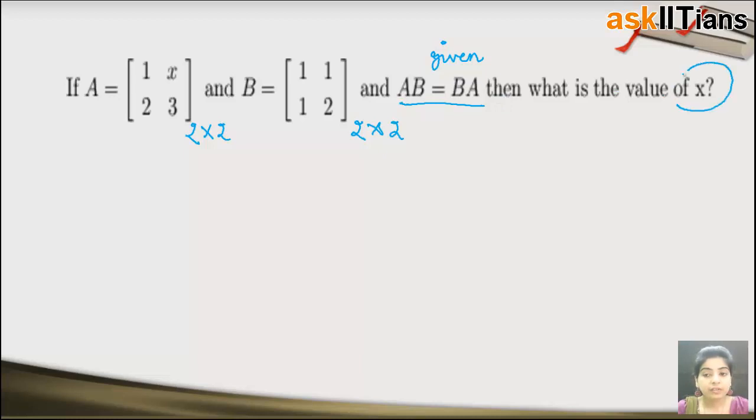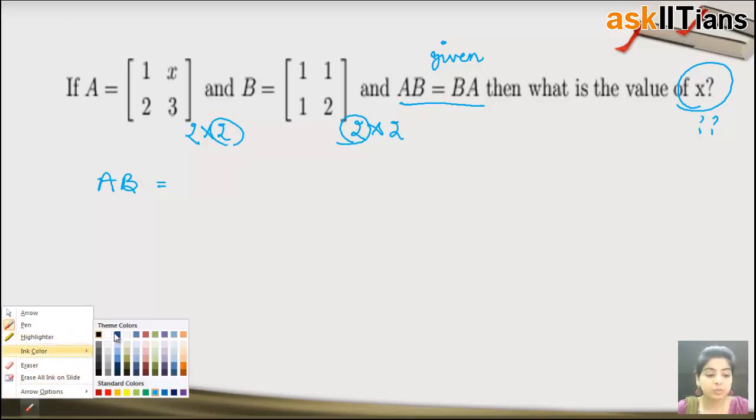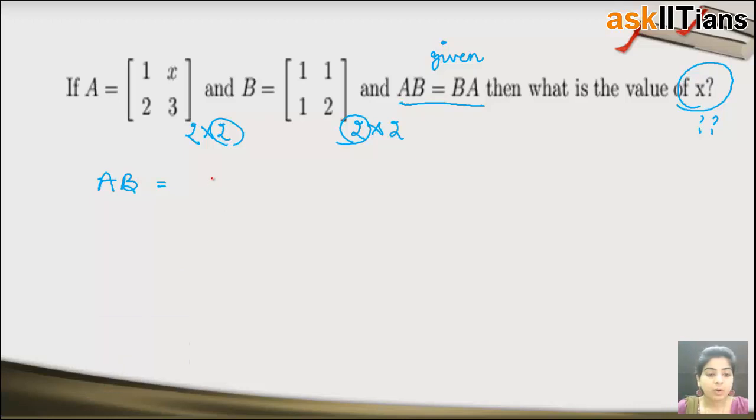Then we need to find the value of X. How do we proceed in this case? First of all, since the orders are compatible, clearly we can easily multiply these two matrices. Now I find out AB: 1, X, 2, 3, 1, 1, 1, 2.